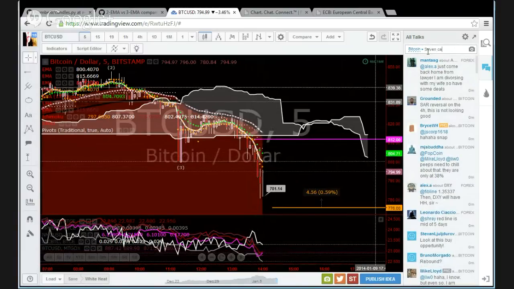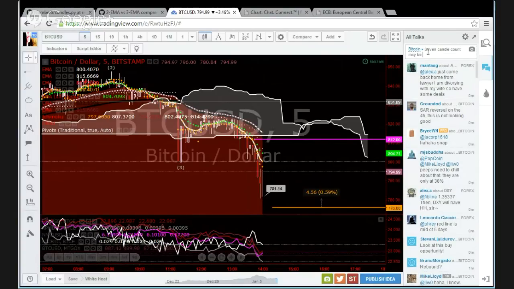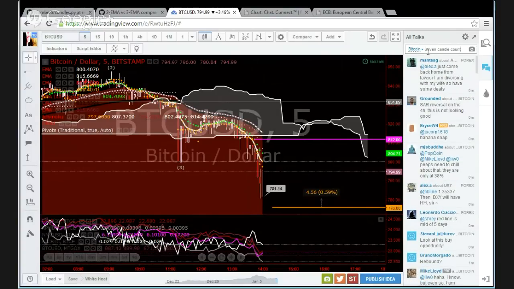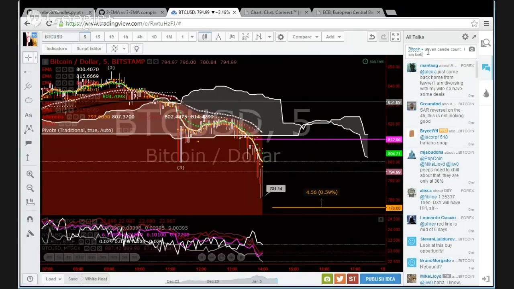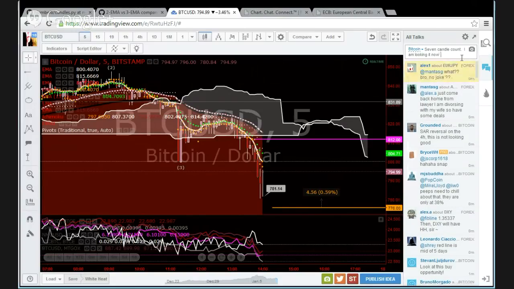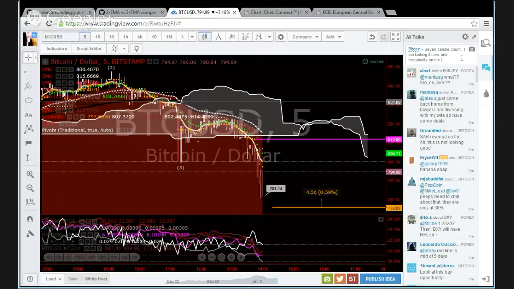It depends on how big the news is. We've got a 7 candle count with a threshold and pivot.